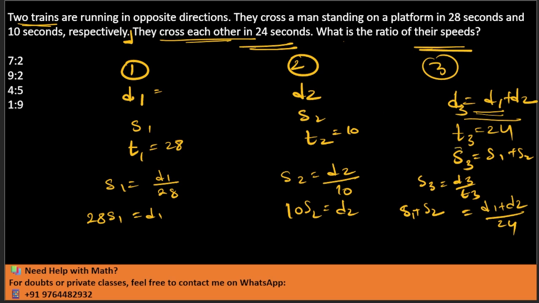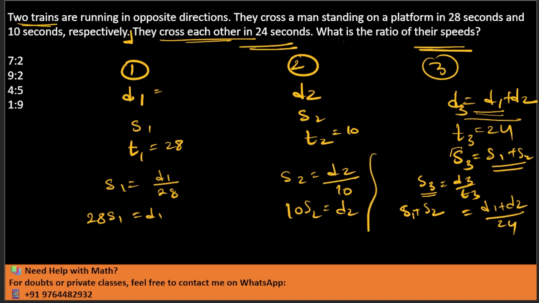The effective speed also matters, because they are moving in opposite directions. So the speed will not be s1 or s2 alone, because they are moving collectively in opposite directions. So we have to take the effective, or relative, speed, which is s1 plus s2. Now I applied the formula simply: speed is equal to distance upon time, where the speed is s1 plus s2, the distance traveled is d1 plus d2, and the time given is 24.